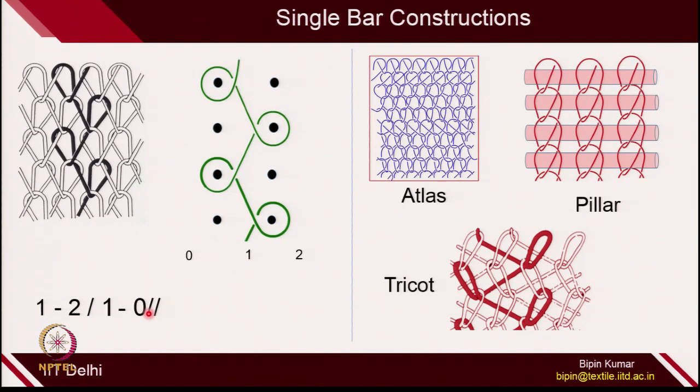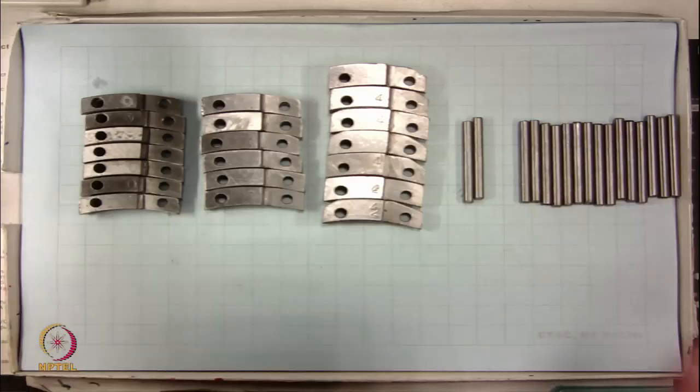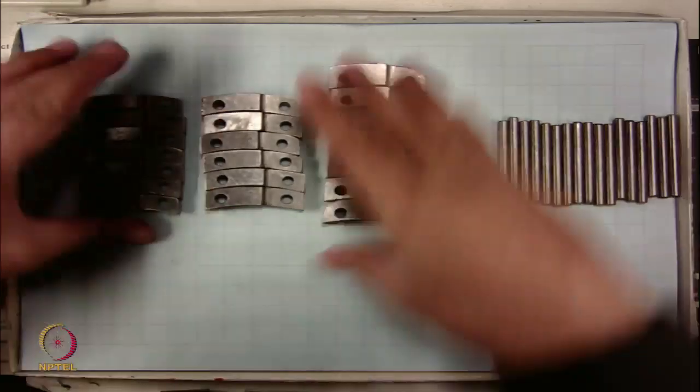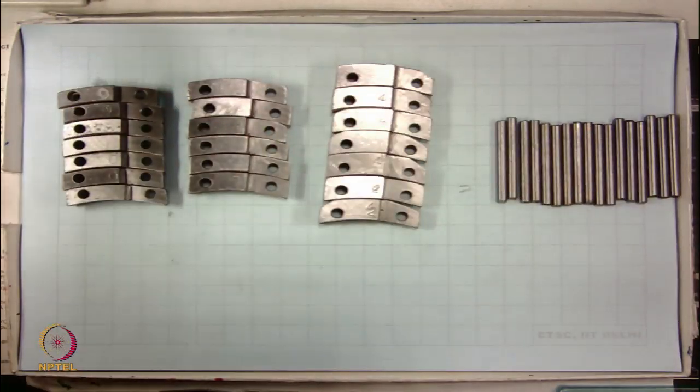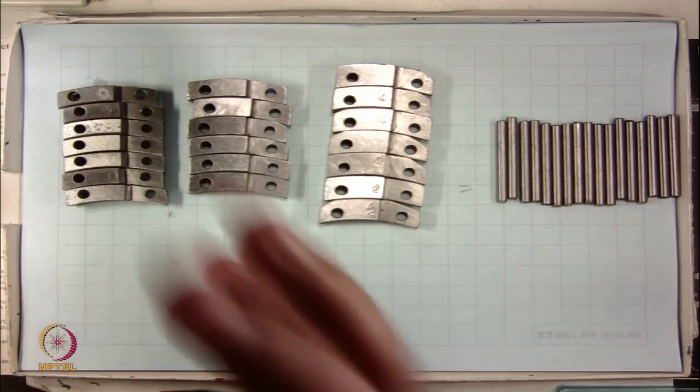This is the lapping diagram and lapping plan for 1 cross 1 tricot closed loop. Let us see how we do the chain link arrangement. Before you start to design any particular fabric, it should be clear what type of lapping plan you want to achieve.